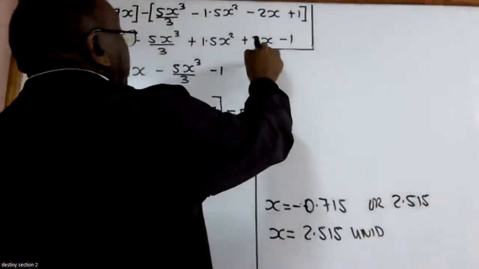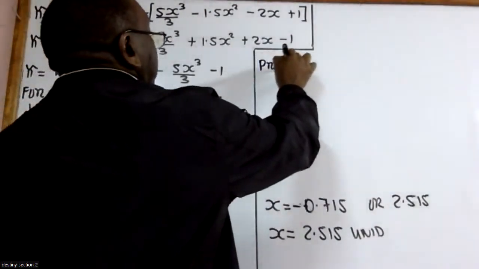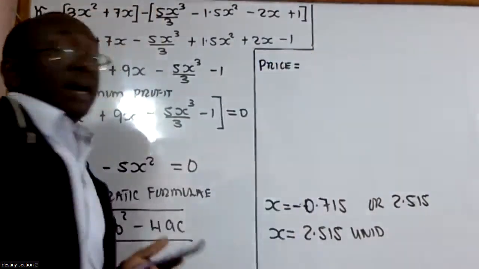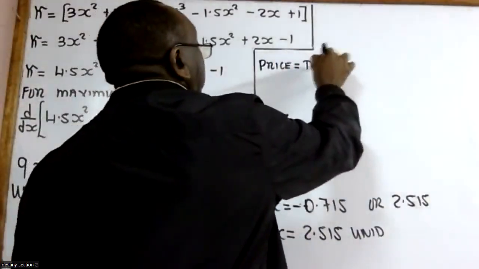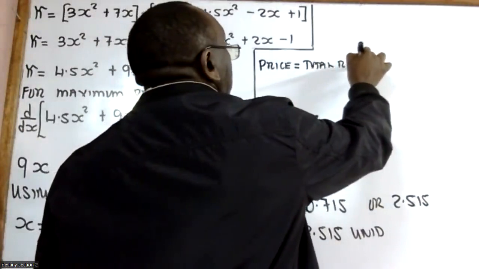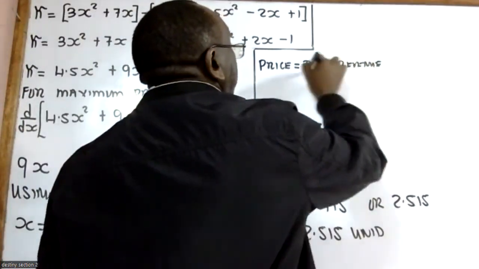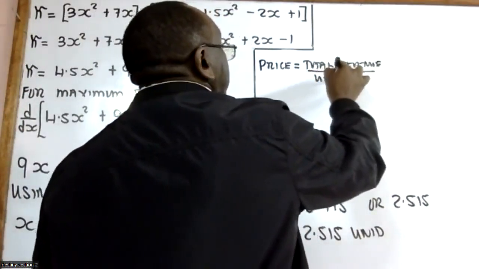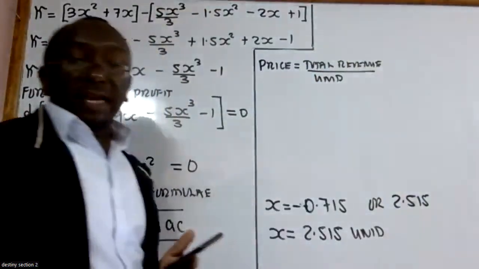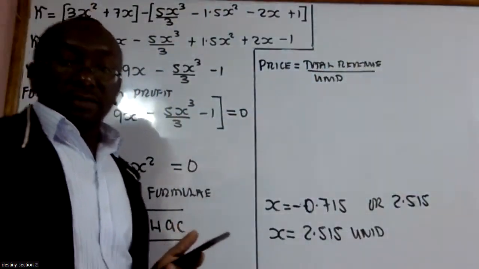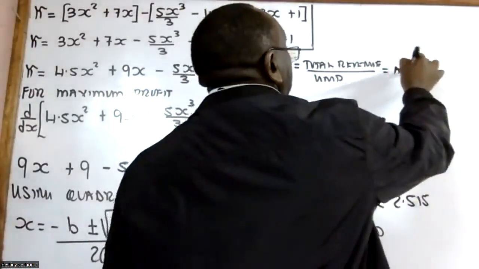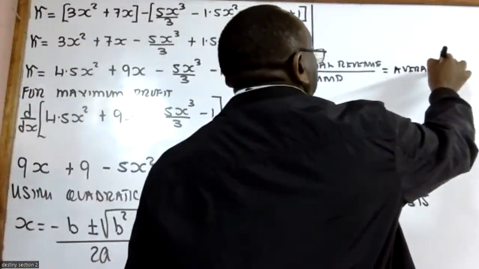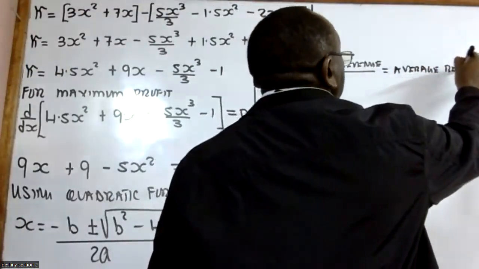So the price should be given as the total revenue, you divide by the number of units. So it's basically like the average revenue.